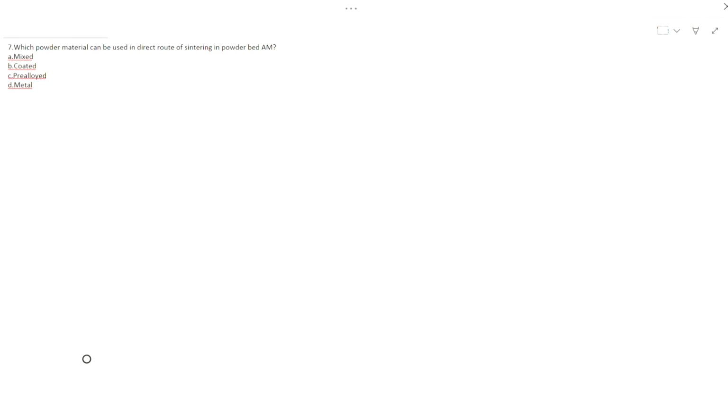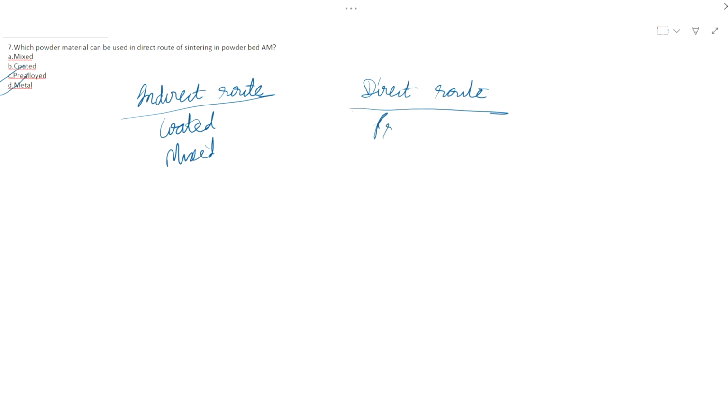Now, in direct route of sintering, we can use pre-alloyed powder, metal, polymer or wax. The indirect route, as we know, uses coated or mixed powder. Sometimes this may be partially pre-alloyed or pre-alloyed.